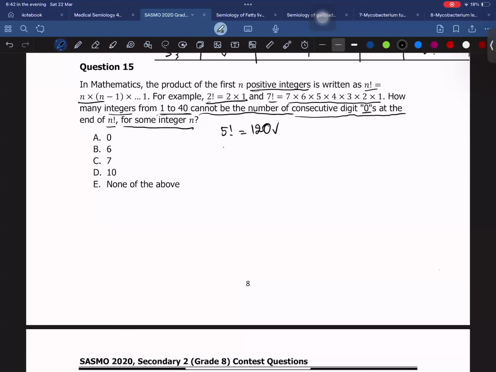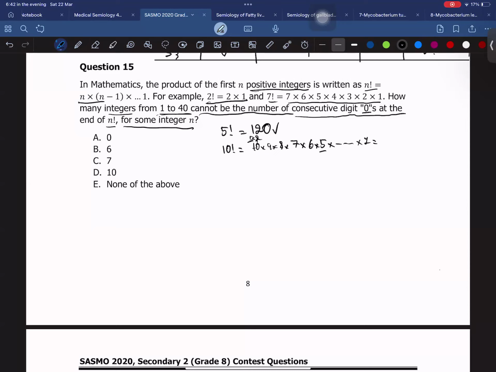So what if we have 10 factorial? 10 factorial is 10 times 9 times 8 times 7 times 6 times 5 times and so on till 1, which means there is a 5 times 2, so we can have a 0 there.